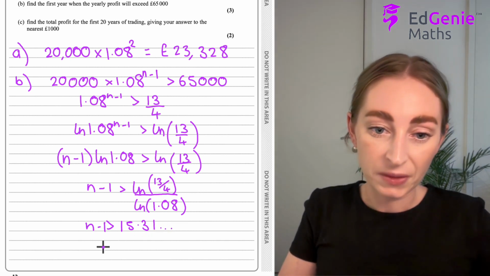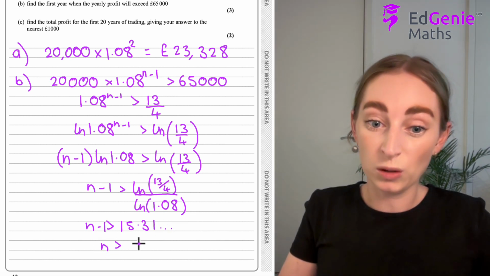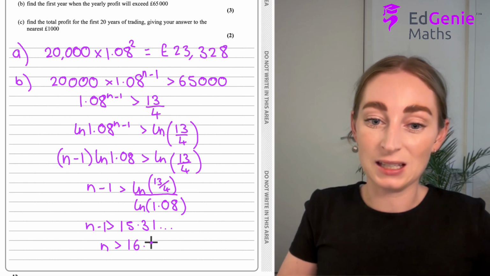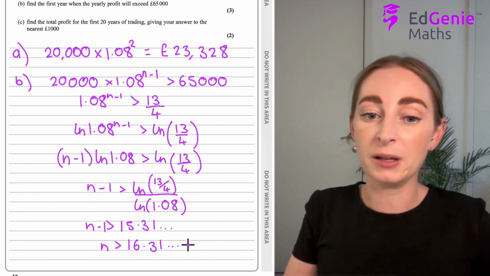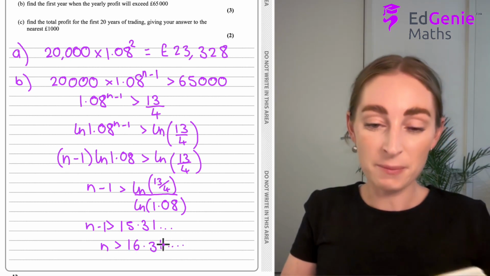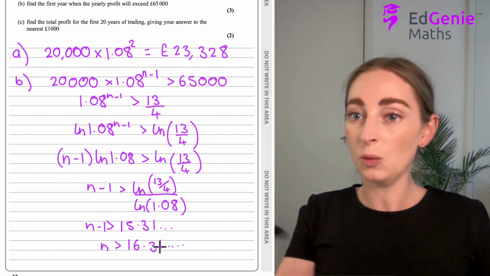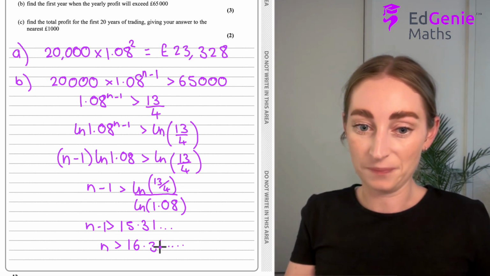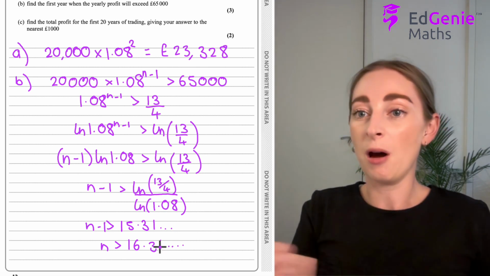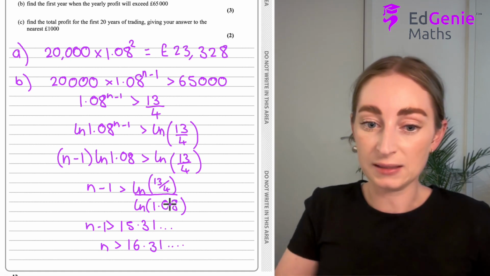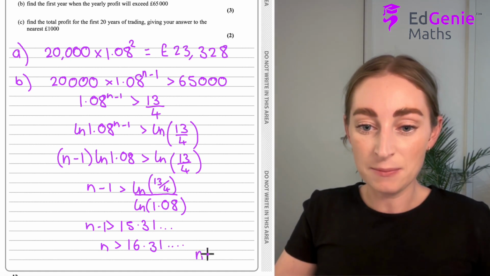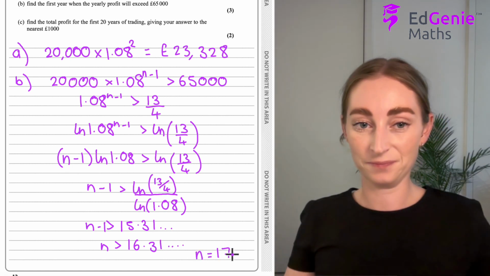That keeps going. So if I then add 1 to that, that's going to be 16.31. But that means 16 years won't be enough to exceed it. And we're not having partial years, we want full years. So that means that n must be 17.